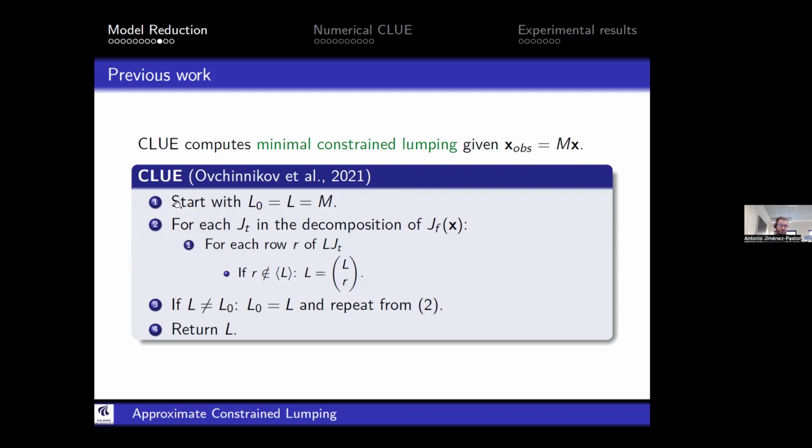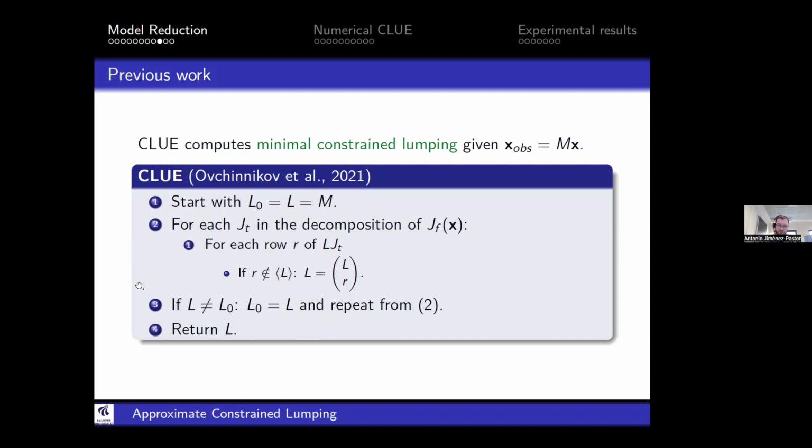So you start with L equal to your observable set. And then for each of these matrices that appear in the decomposition of the Jacobian, you multiply L times this, and for each row you check: is this row in the span of the rows of my lumping? Yes or no? If no, then I add this new row to the lumping and continue.